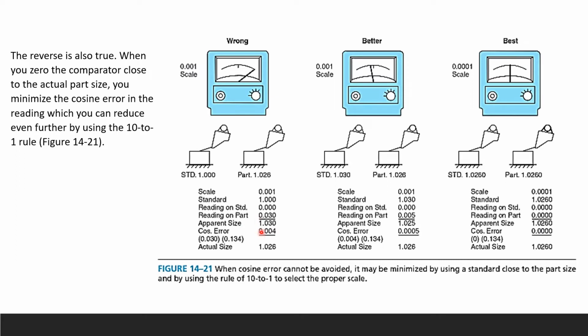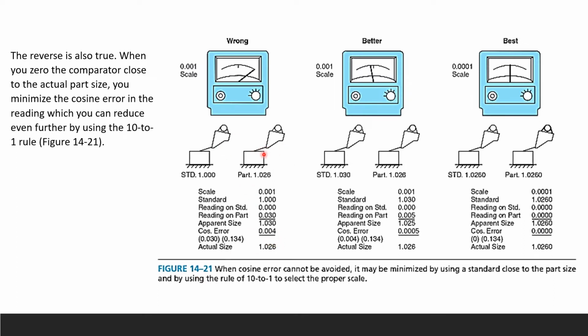So we're going to write that down. Scale, and then your standard, okay, and then your reading on the standard is going to be 0. The reading on the part is 0.030. The apparent size is 1.030. The cosine error is 0.004.